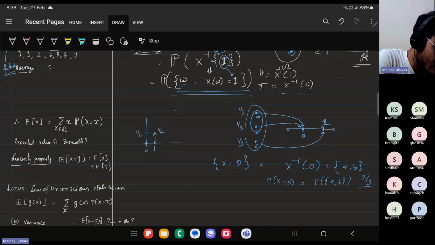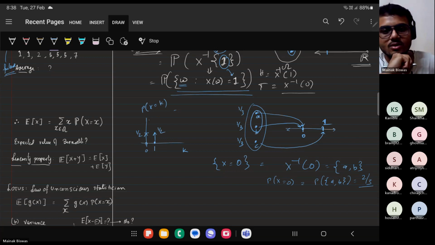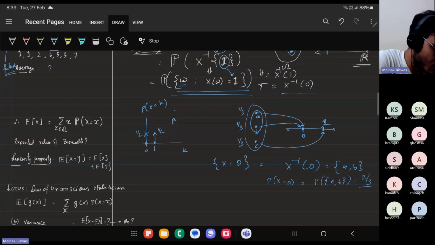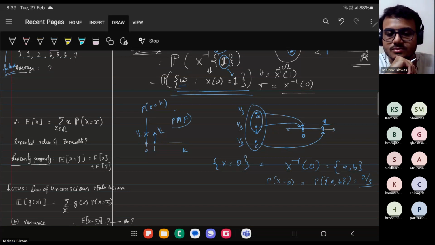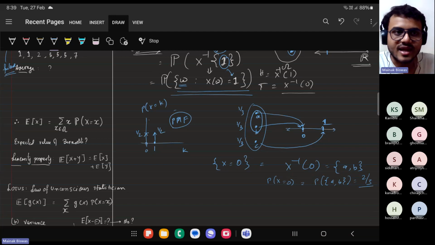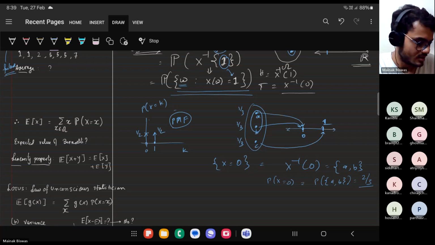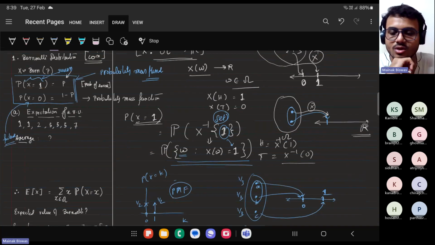Keep this in mind. It may be helpful. So probability of x is equal to k, where this is the value of k. This is called a PMF, or a probability mass function, where you define the probability of a random variable taking a value. If there is a gap here, please stop me, because after this you'll see that you can easily think of things as a random variable and not events. And that may be helpful for the rest of the course and also in machine learning.